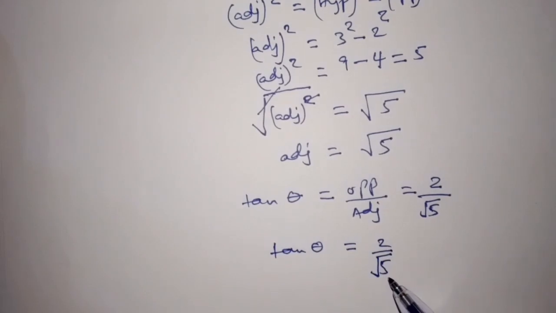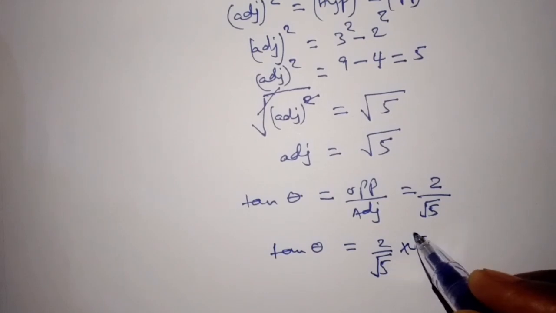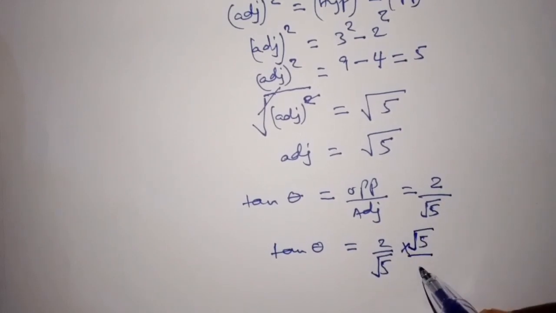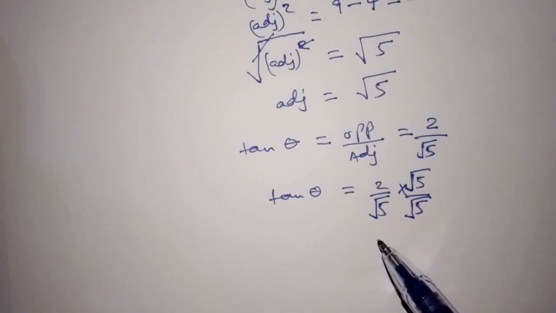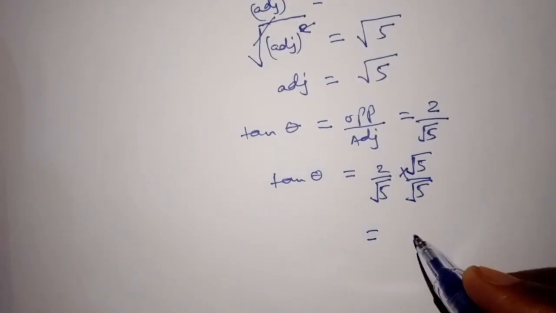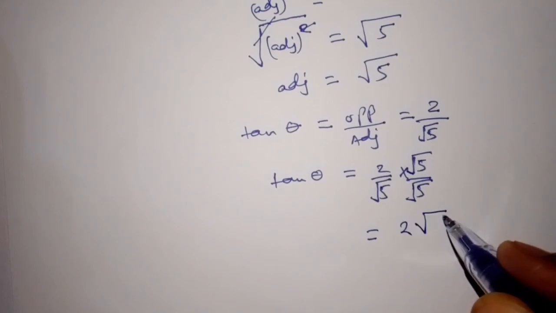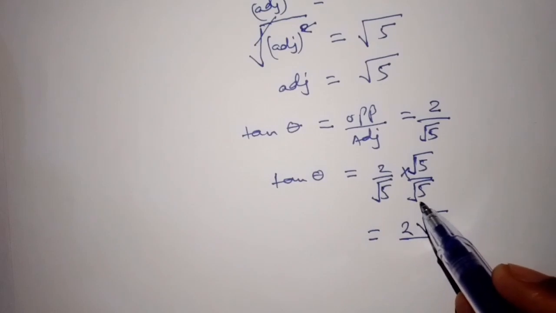Now we want to get rid of this square root sign here. We are going to multiply the numerator and denominator by square root of 5 over square root of 5, because we want to get rid of the square root sign in the denominator. So this is going to give us 2 square root of 5 over square root of 5 times square root of 5.